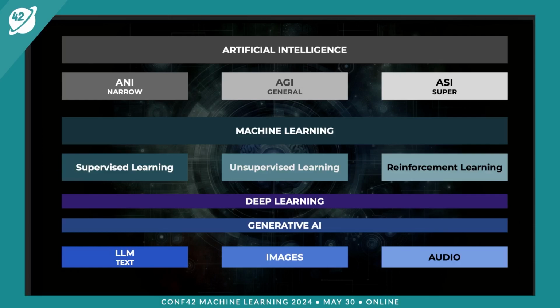Under machine learning, we have deep learning. And under deep learning, we have generative AI, which is our topic for today. And as you know, there are different formats under Gen AI. So we have LLM, which is a text based AI tool, images, and audio. So I'll turn you over to Orbs to discuss in more detail how to answer the question that I posed a while ago.